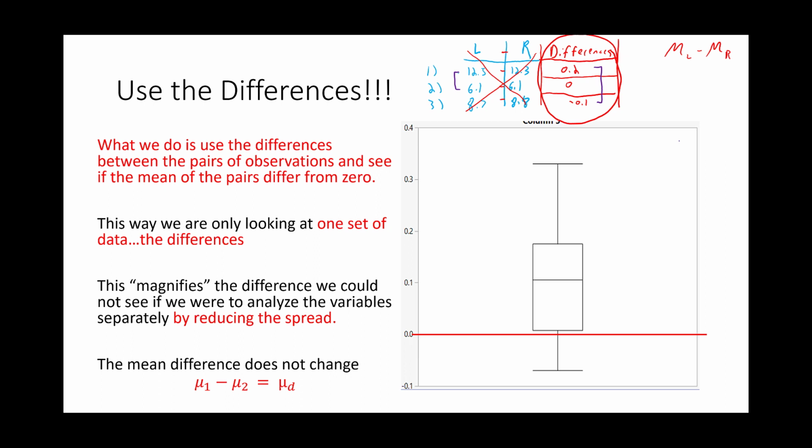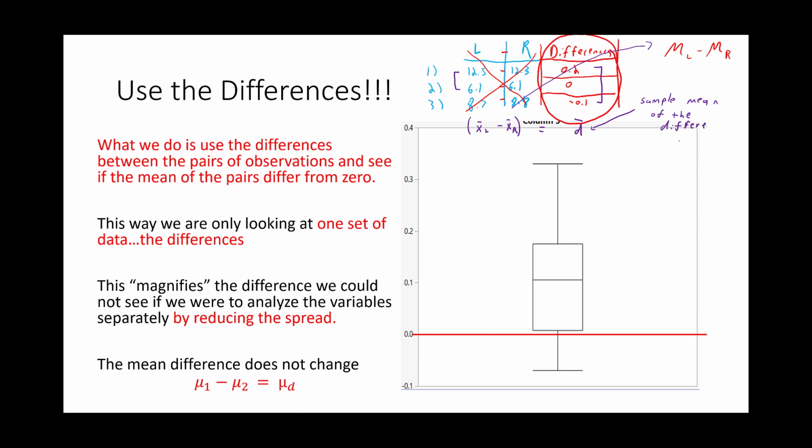And something that's very important to note is that if we were to look at the mean of left feet minus the mean of right feet, that's essentially the sample statistic that we use to estimate our population parameter. What's really important to note is the difference between these two means equals what we call D bar, which is the sample mean of the differences.